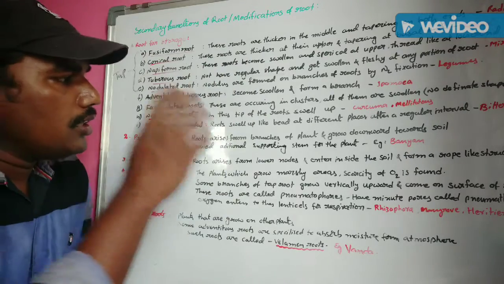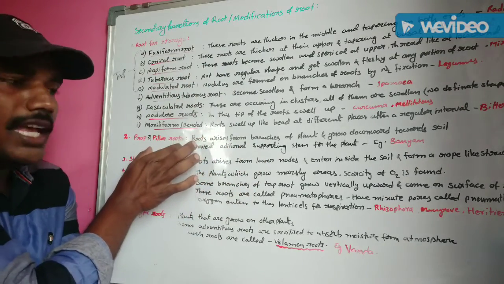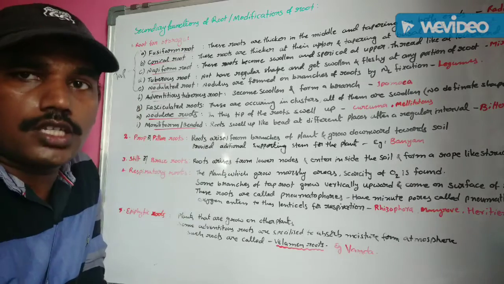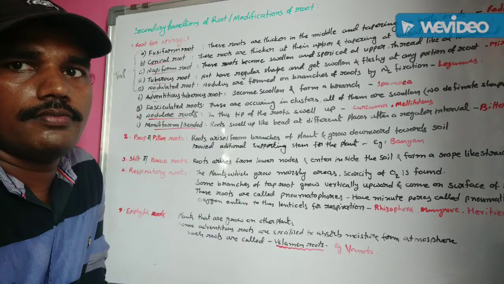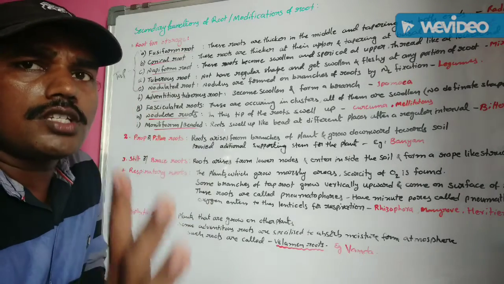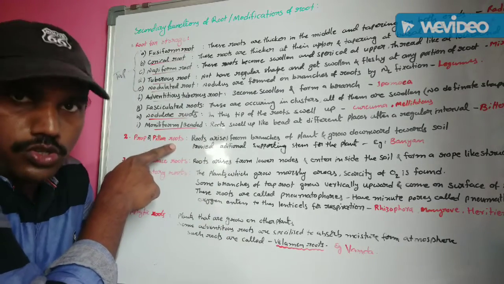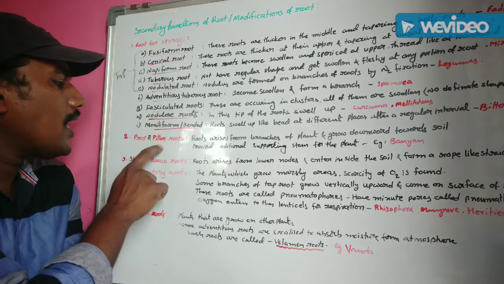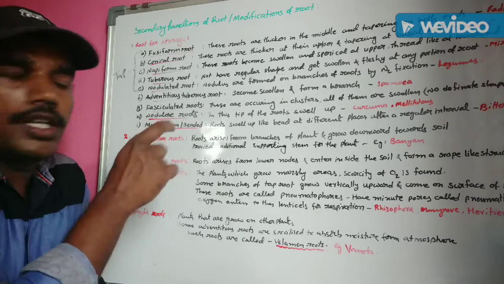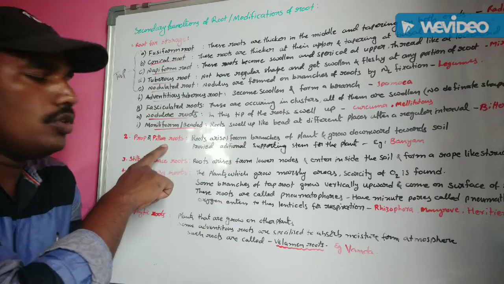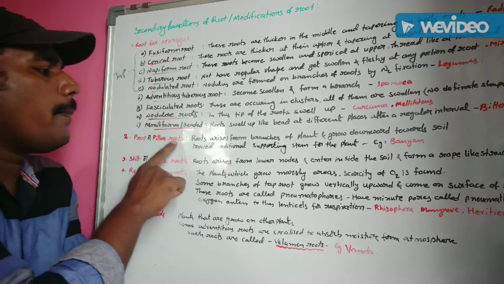This type of root is especially found in the largest, heaviest plants. The heaviest branches are supported by these roots, which act like supporting pillars, so they are known as prop or pillar roots.